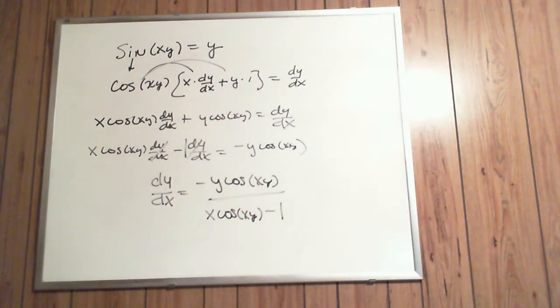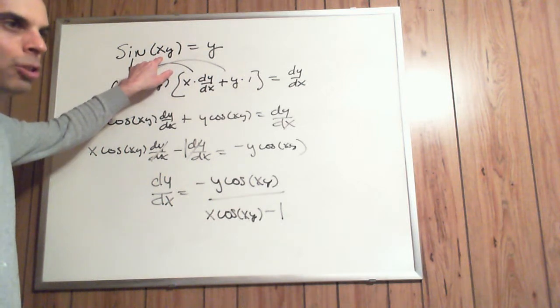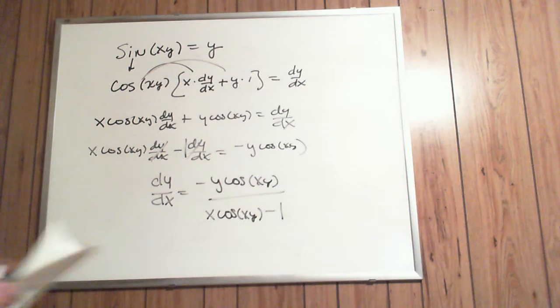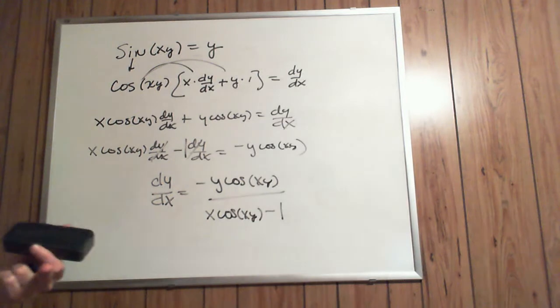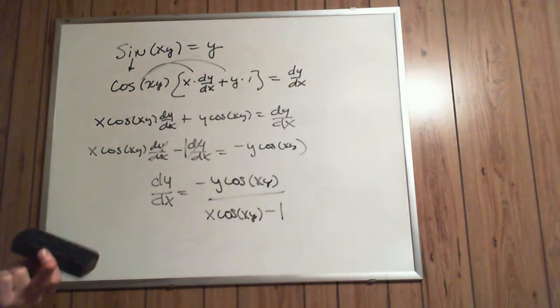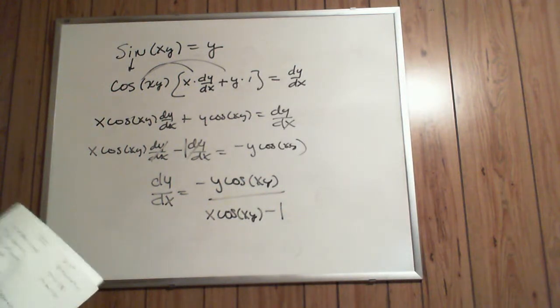So again, make sure you follow your rules. If this was x over y, then make sure you're doing a quotient rule on that. And if you have ln's, the ln of something, remember the ln of a product is the sum of the ln's, and the ln of a quotient is the difference of the ln's. That helps to simplify things before taking a derivative sometimes.